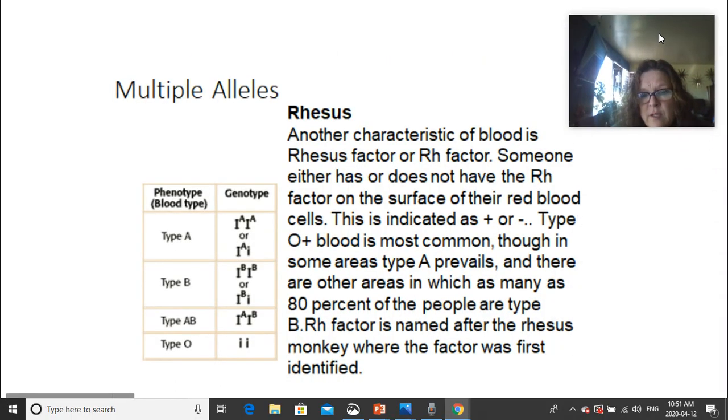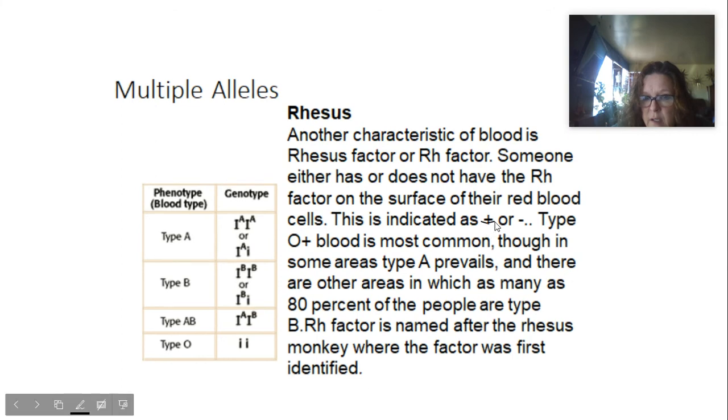Okay, so a lot of you at this point usually ask me about the Rh factor. Just so it's clear, if you are wondering about the positive or negative bloods, that has to do with something that is sorted out independently of blood type, where positive is a dominant allele and negative is a recessive allele.